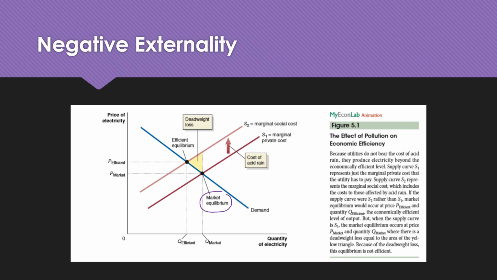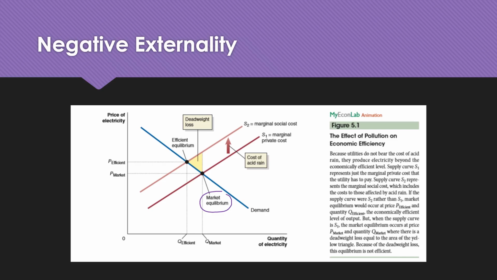The problem is that that is not factoring in the total external costs in addition to the private costs. So that original supply curve S1 is going to represent the marginal private cost. So again, we'll learn later on in the semester that a supply curve is a marginal cost curve, and marginal means additional, so it's the additional cost.